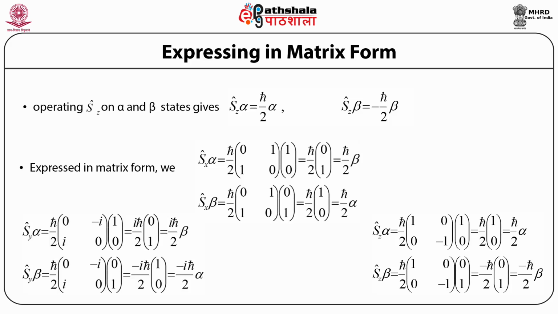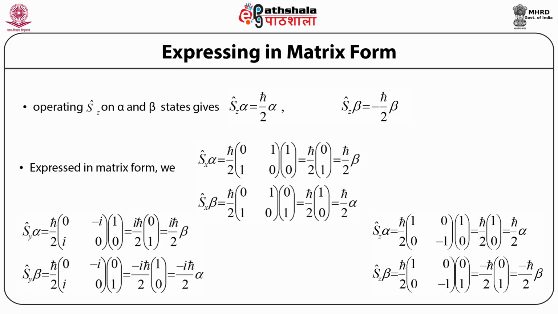Similarly, the 2 cross 2 matrix that occurred in the computation of the matrix form for the y component of the spin operator is the second of the Pauli spin matrices. And when we look at the z component of the spin operator, we see that the 2 cross 2 matrix that occurs in these relations is nothing but the third of the Pauli spin matrices.